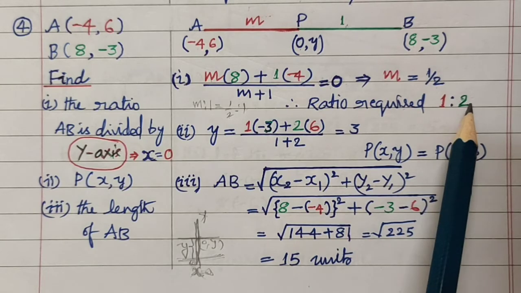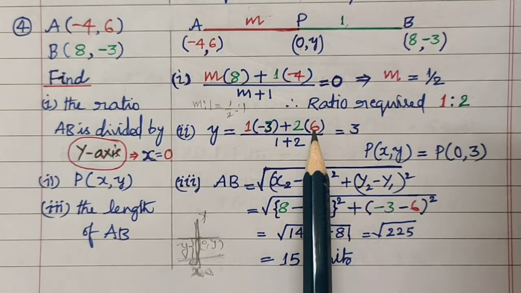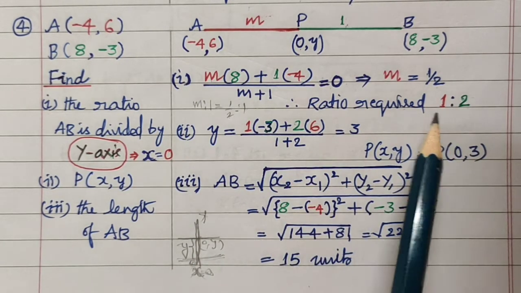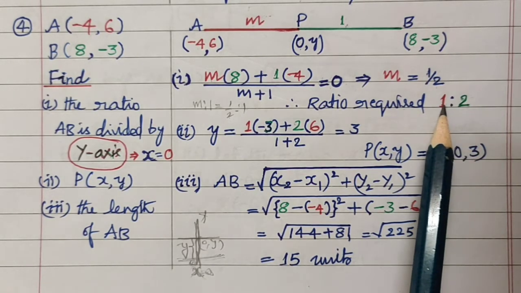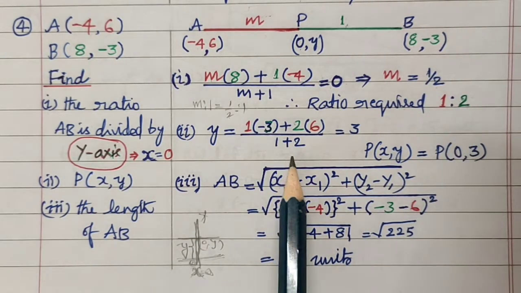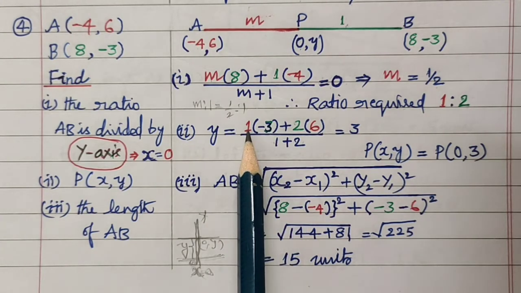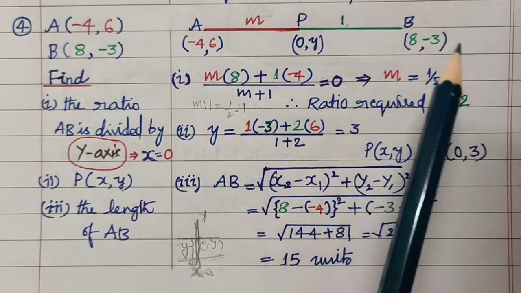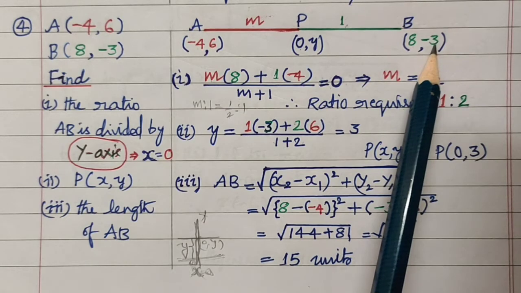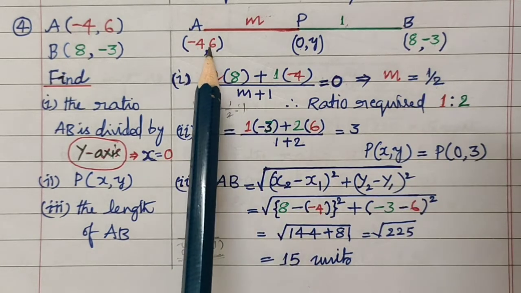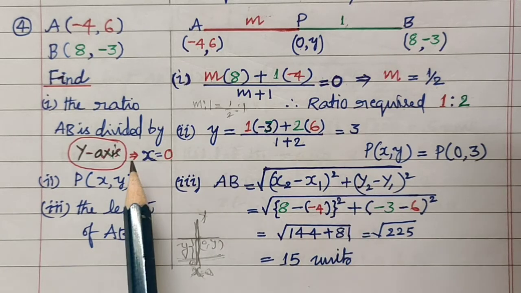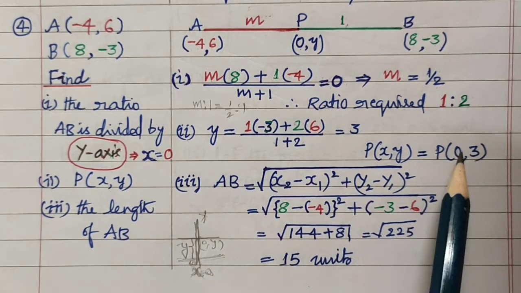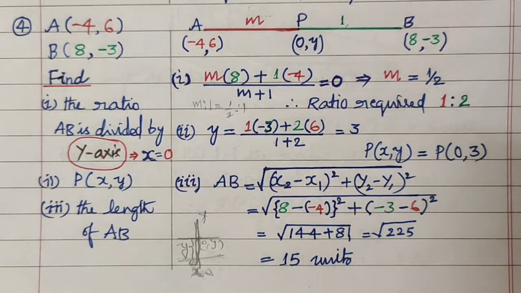Just now we have found out m is to n as 1 is to 2, m is 1 and n is 2. So 1 plus 2, m is 1 into y2, that is minus 3, plus n into y1, that is 2 into 6, that will give 3. Therefore the coordinates of point P is 0, 3.